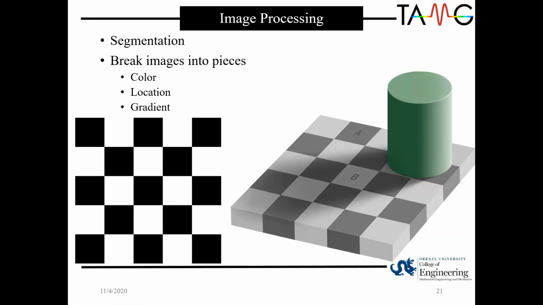Now, one reason segmentation is useful, especially computationally, outside of a human just eyeballing it, is a classic example of, hey, do you think the color of cell block A and the color of cell block B are the same? And for me, with my naked eye, it obviously looks different. Like B definitely looks lighter than A. But in fact, when you pull out the data, they are the same grayscale value.